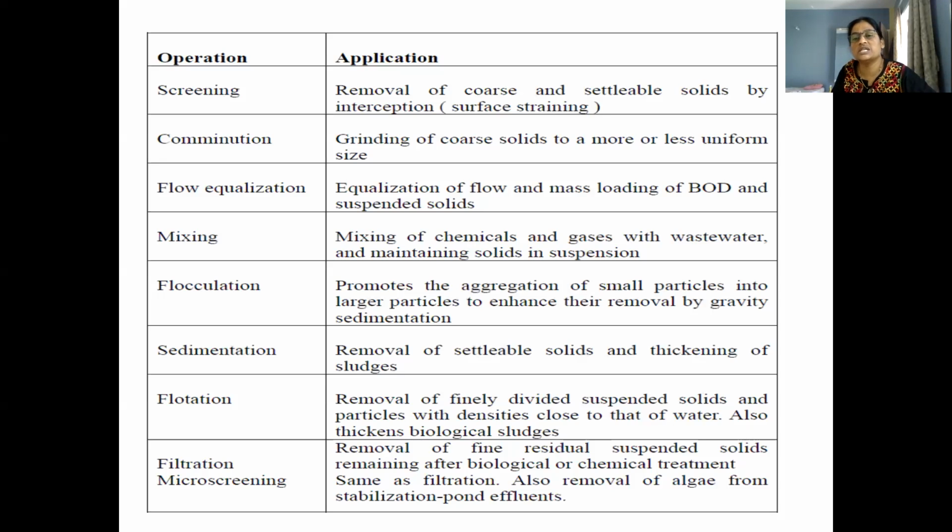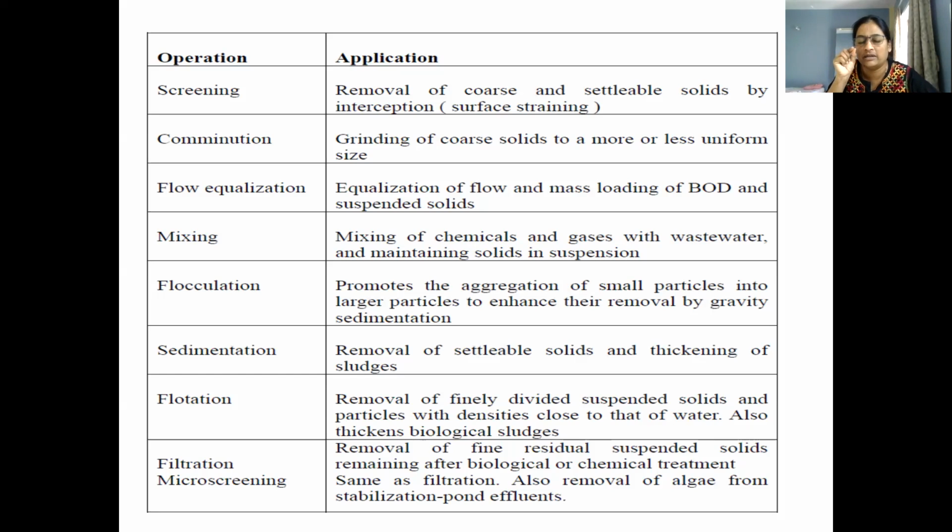Once the mixing stage is provided, there will not be random mixing in the next stage. We are allowing contact between these particles. Because of that contact, the particles start coming together and converting into larger particles.